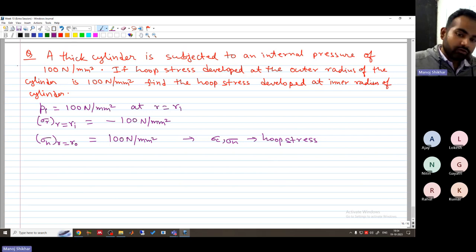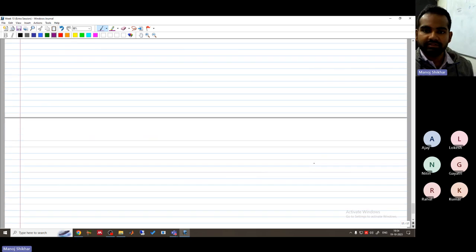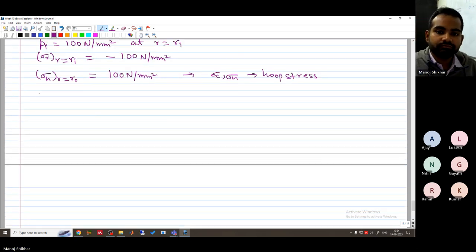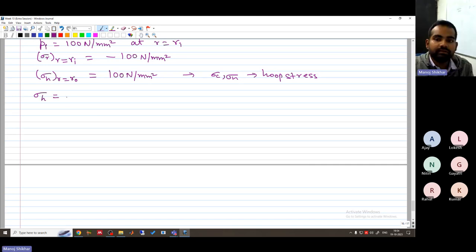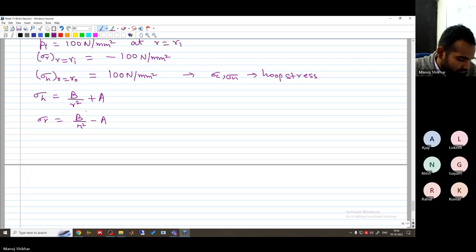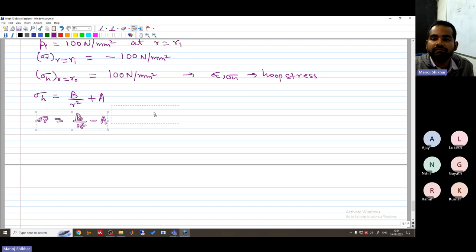Now we know the formulas, so we have to invoke the formulas for sigma hoop and sigma radial. Sigma hoop is basically B by r square plus A, and sigma radial is B by r square minus A. So these are two formulas which we will use.